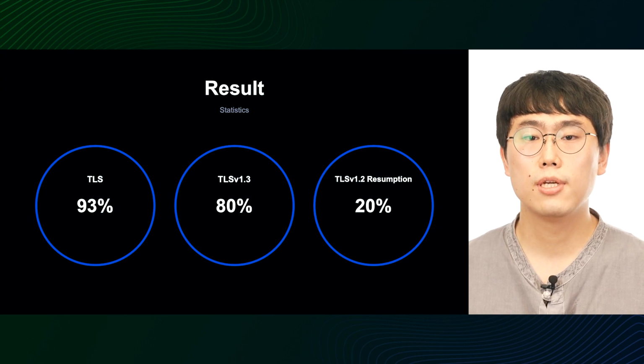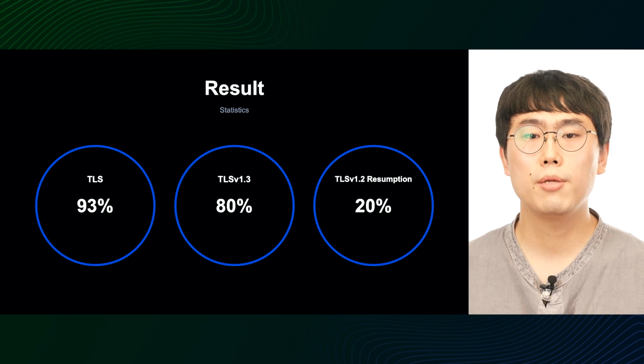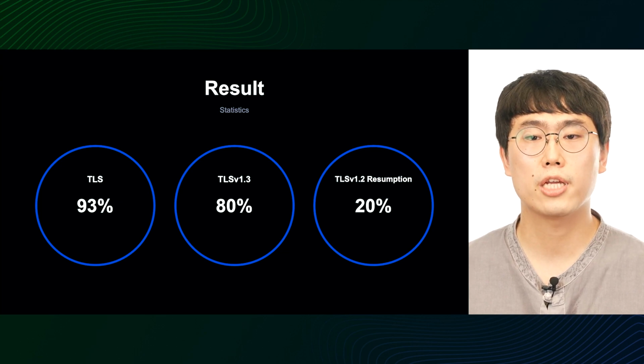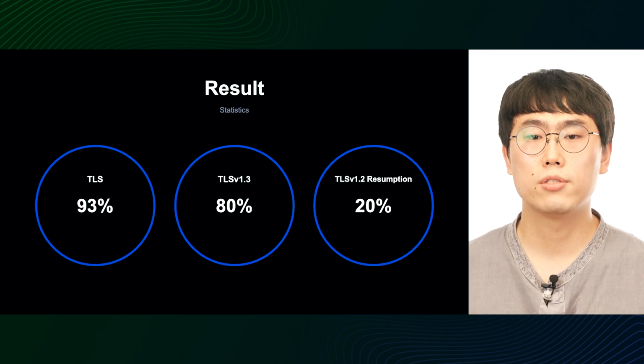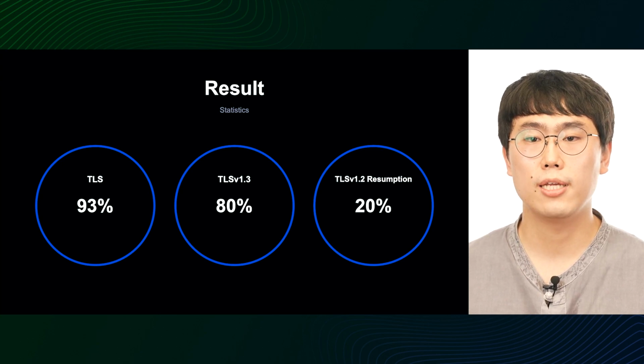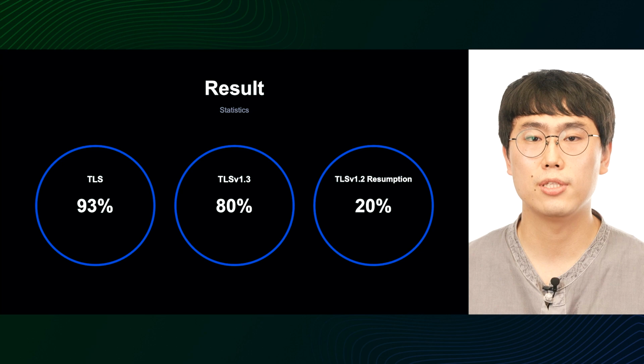As a result, 93% of all connections to LEGY use TLS. 80% of them use TLS 1.3, and 20% of TLS 1.2 connections are using session resumption. As time goes on and old clients are upgraded, we expect that the TLS usage and the portion of TLS version 1.3 will increase.